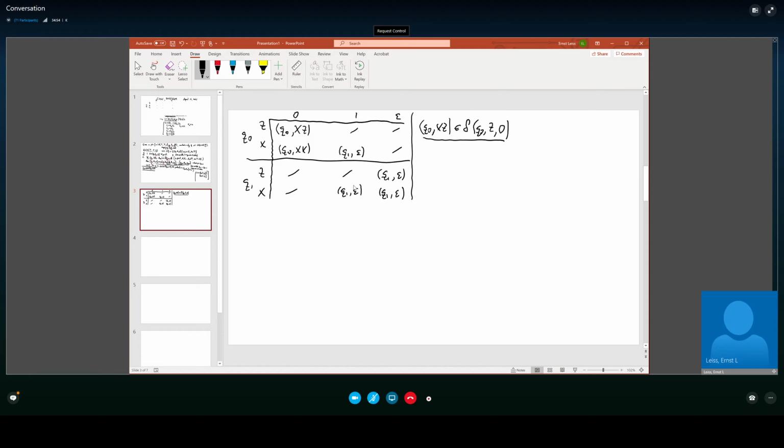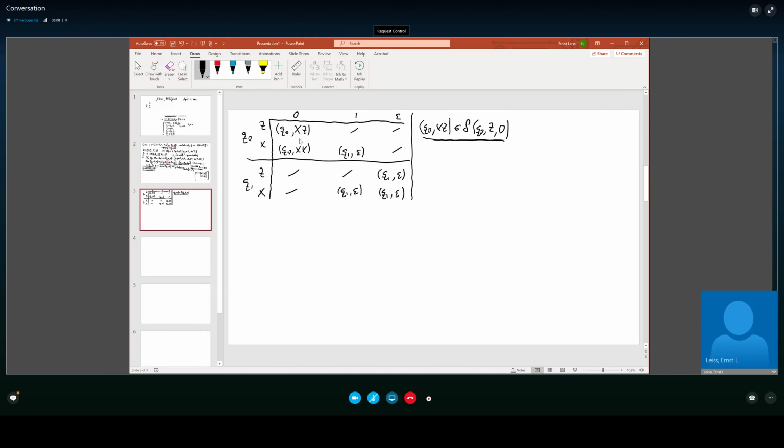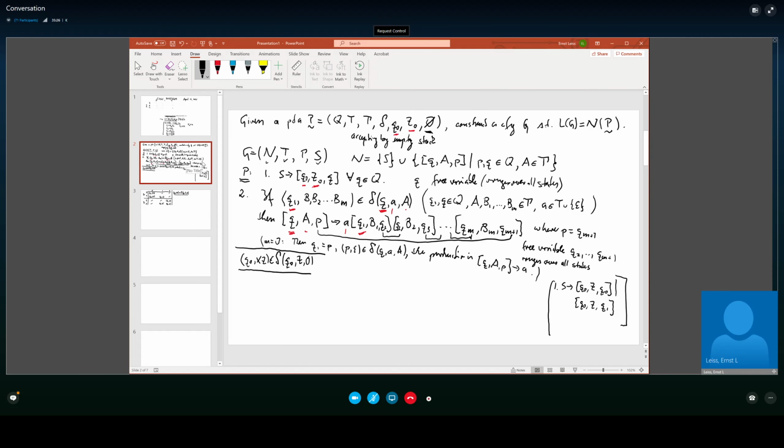Okay? So this M that we're looking at in rule 2, that M is given by the length of the string over the stack symbols that are in each of those entries. So xz, which is the one we're now looking at, this is m is equal to 2. And so we can immediately say how many productions we're going to get.